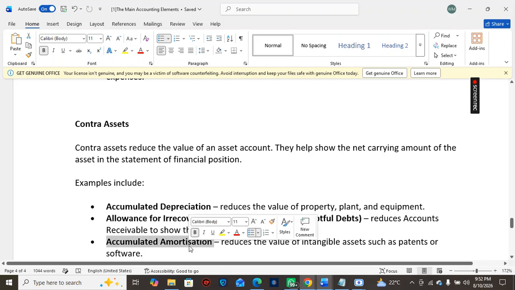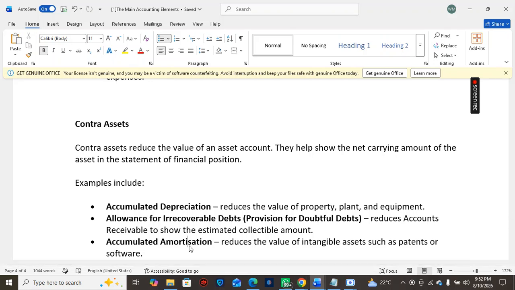Accumulated amortization. Amortization is the same as depreciation. It's just that depreciation is for tangible non-current assets. Amortization is for intangible non-current assets. Amortization is also the loss in the value of an intangible non-current asset. So as the years pass, the value of that asset drops.